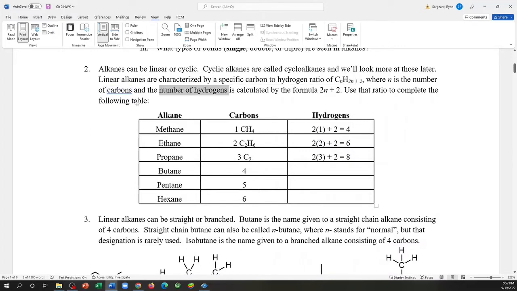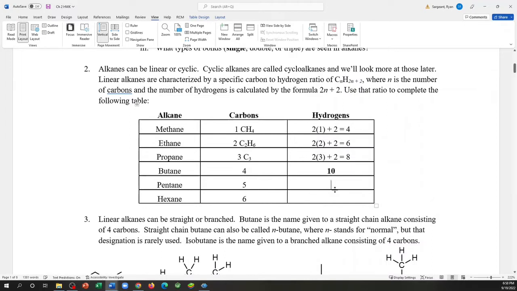So for methane, we stick 1 carbon into that equation, and 2 times 1 plus 2 is 4. For ethane, there are 2 carbons. 2 times 2 plus 2 is 6. For propane, there are 3 carbons, and we put 3 in for n. 2 times 3 plus 2 is 8. For butane, it's 2 times 4 plus 2 is 10.